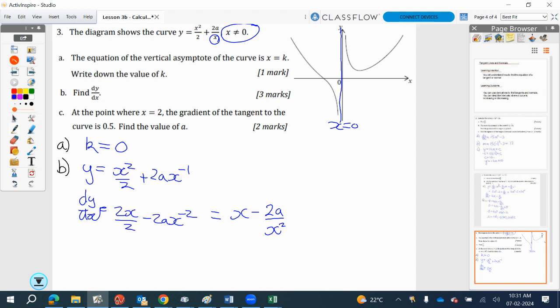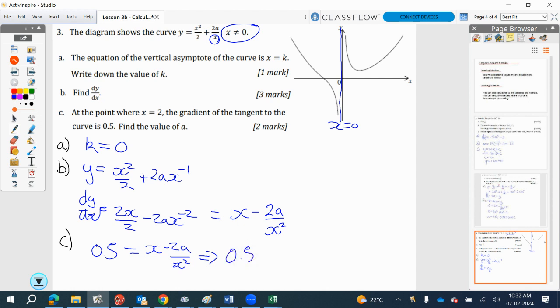Okay, let's have a look at our answer. C. Yes, you wanted to do this. We do 0.5 equals x minus 2a over x squared. And then you plug in x, which is 2.